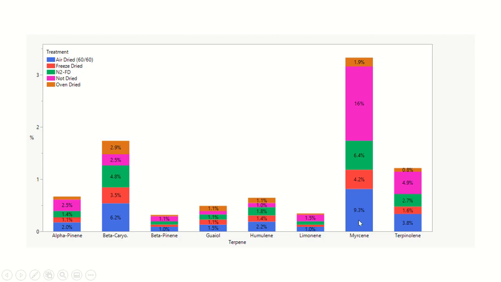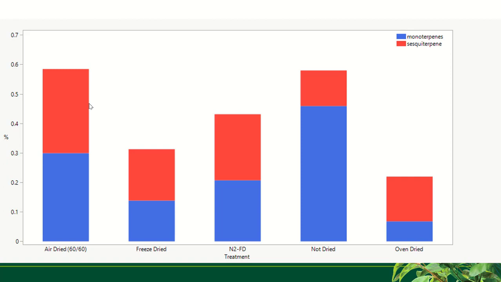But then you go down here to the air dried, and it goes down to about 9% of the total terpene concentration, whereas you go to oven dried and it represents only 2%. So within each of these terpenes, you really have variance in what happens based off of treatment.